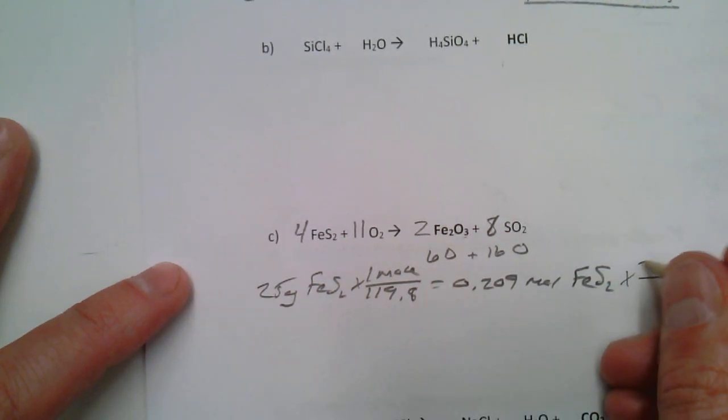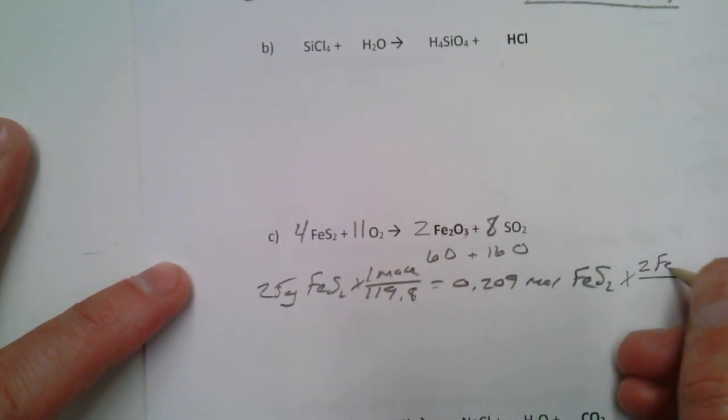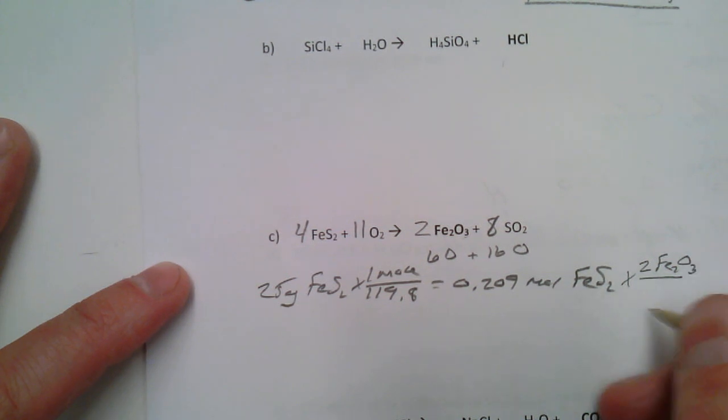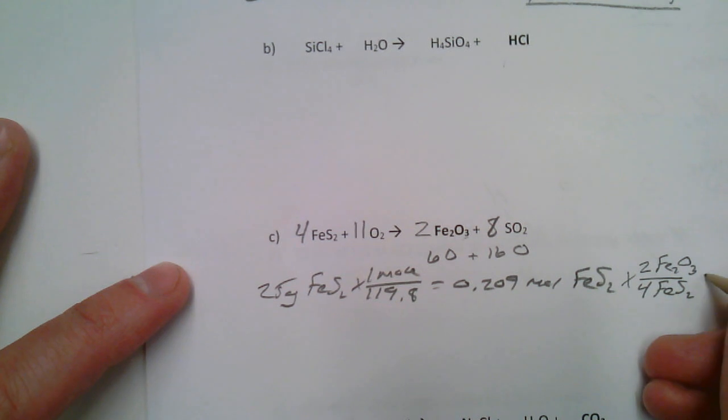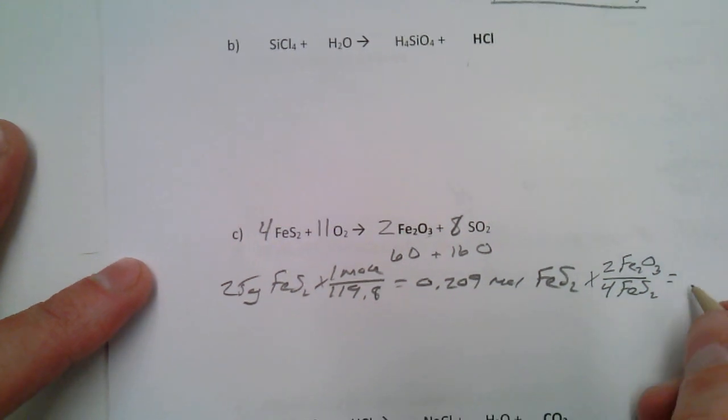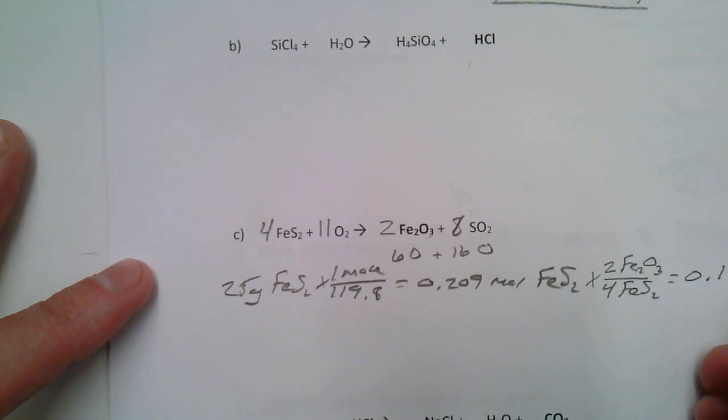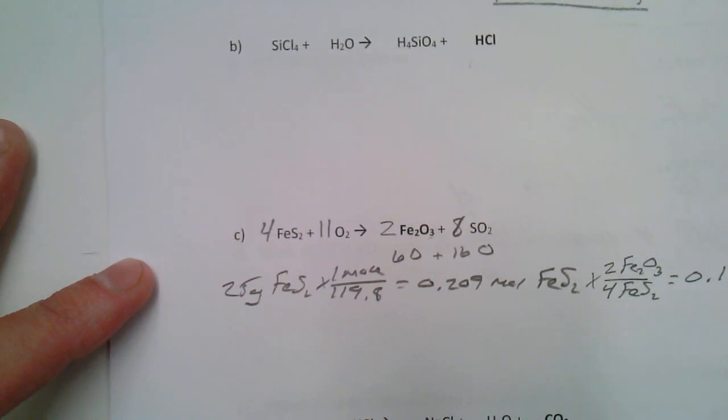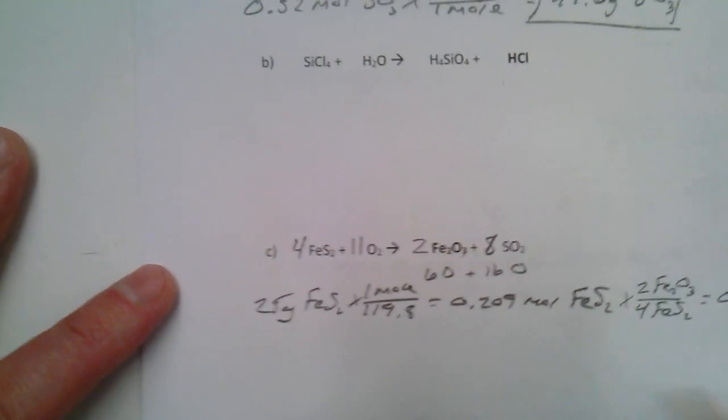So there are 2 Fe2O3s for every 4 FeS2. So, I mean, we're dividing in half. So that's going to be 0.104 moles of Fe2O3.